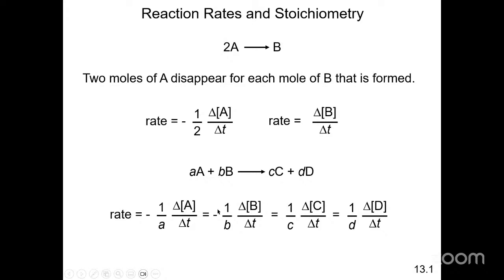And then that will be equal to minus 1 over lowercase b times the change in concentration of B with time. And then here, 1 over c, there's no minus because C is being produced. So 1 over c times the rate of change of C equals 1 over d times the rate of change of D, right? So this is basically how we can relate the different rates of either disappearance of reactants or appearance of products, along with the coefficients as expressed in the balanced equation, right?